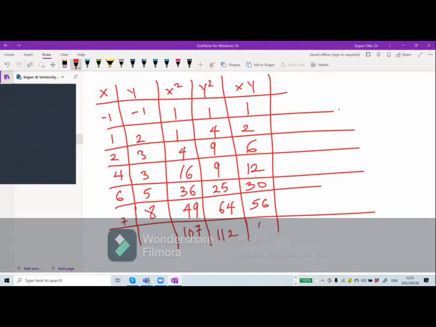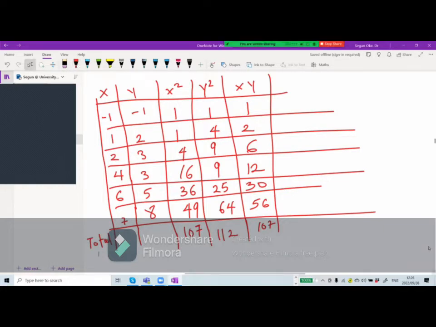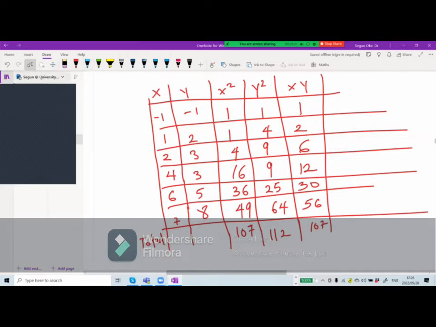107. Thank you. Then when you add Y and X, what do you have? Let's add them. This is our total. Add X, add Y. 1 plus 2 plus... Make sure you are doing it, all of you.